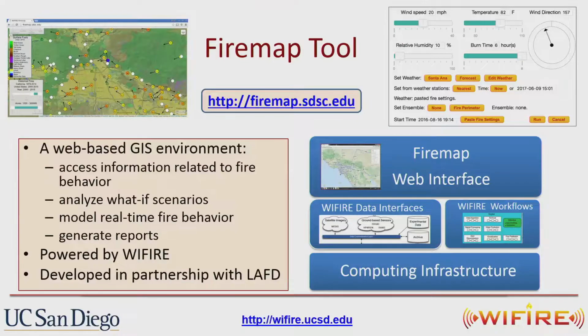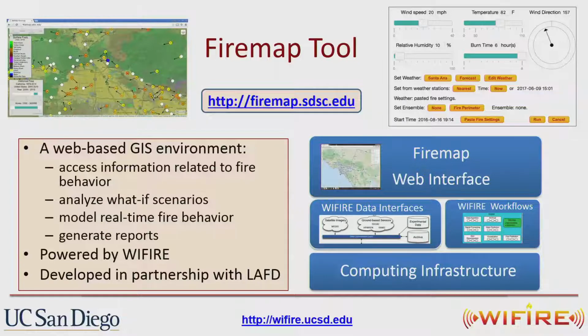So that map that you've seen is in the Fire Map tool. This is a tool that we develop on top of those workflows and data infrastructure and the computing infrastructure with Los Angeles Fire Department. And it's now being used for initial attack and planning scenarios. It's a simple tool, but it's really a good way of communicating data that we have access to. And as I mentioned, there is room for all these different tools for different purposes.